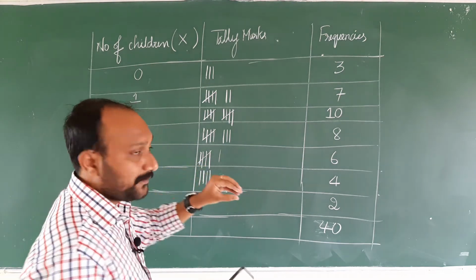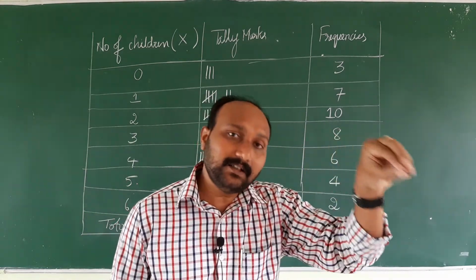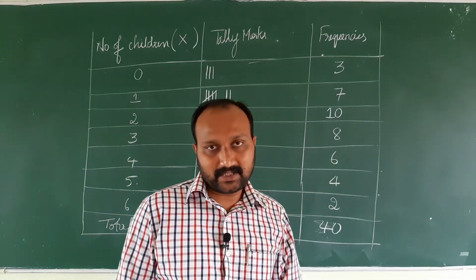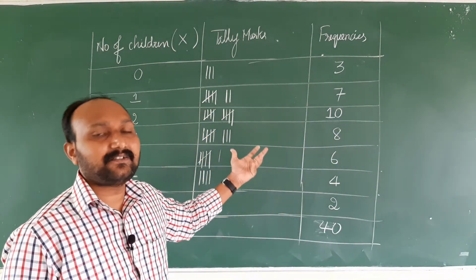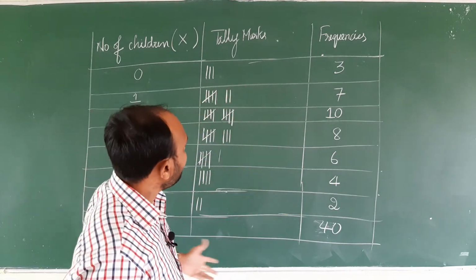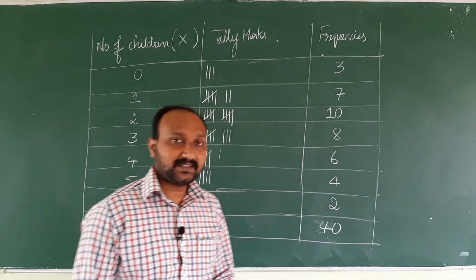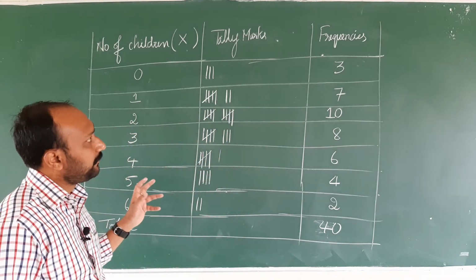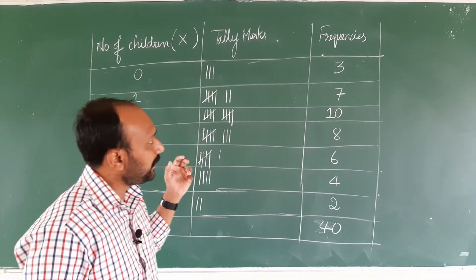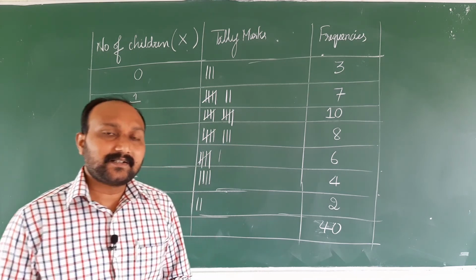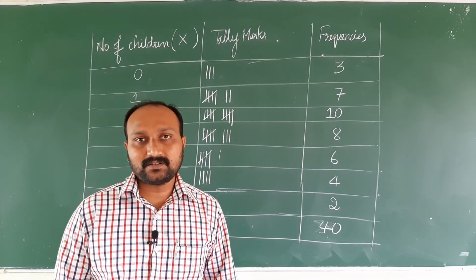So here we will be choosing a value from the given range, and then it is referred to as a discrete variable. So what type of distribution is it? It is a discrete frequency distribution. So this is the way we represent a discrete frequency distribution. Thank you.